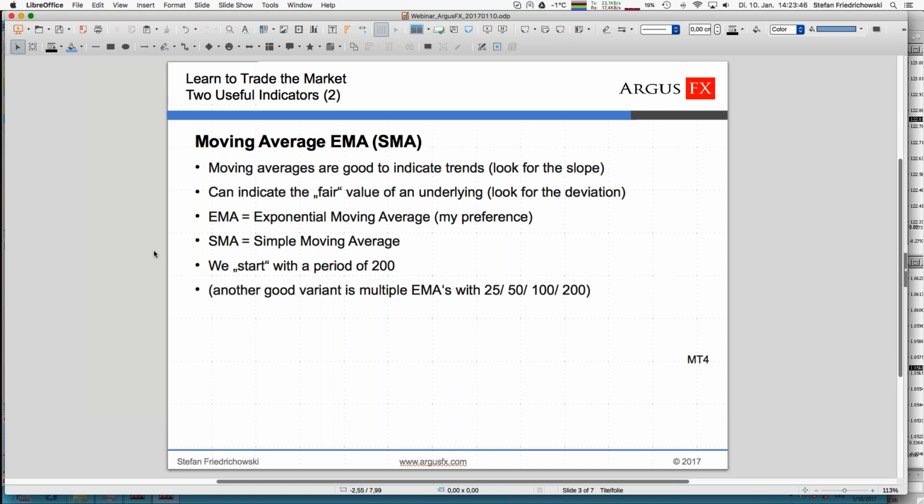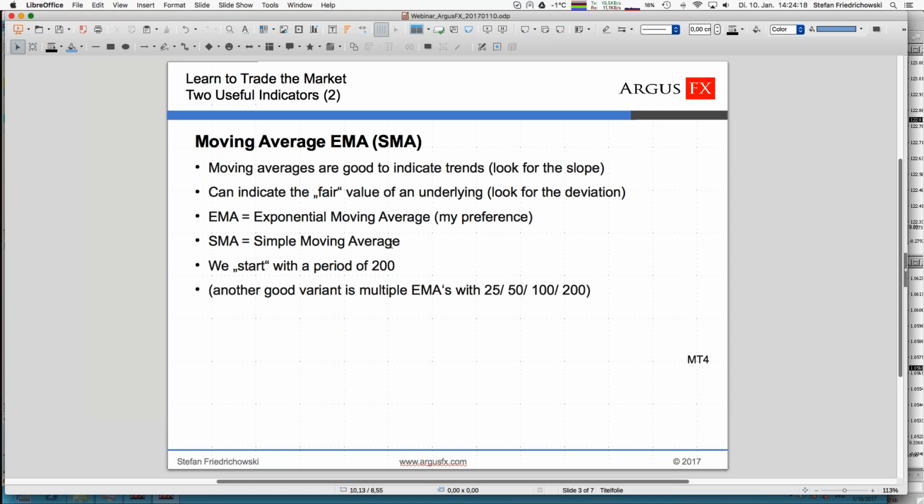And the difference, by the way, is simply the way to calculate. The easiest and simplest way to calculate a moving average is the so-called SMA, the simple moving average, which is quite easy to describe. If you, for example, have an SMA period of 20, it only means take the average of the last 20 candles.